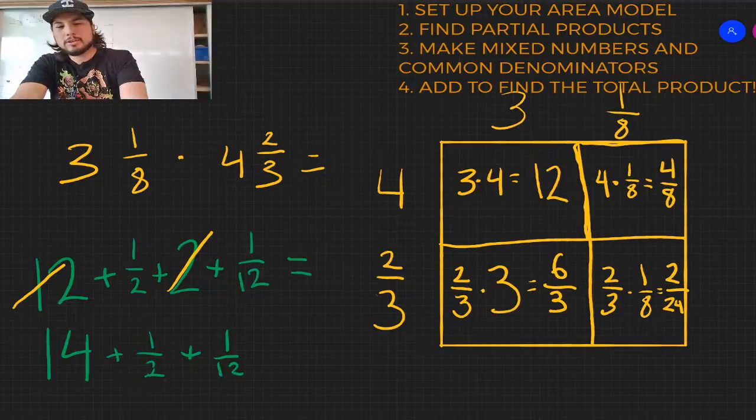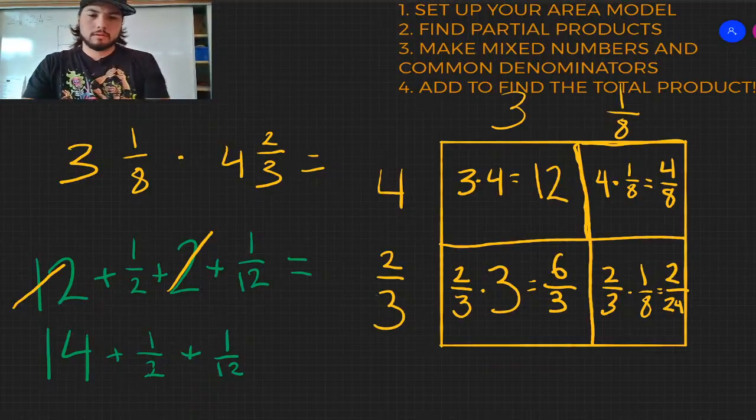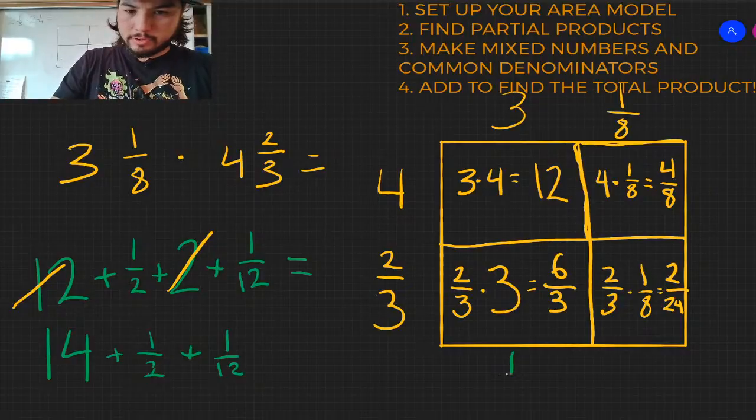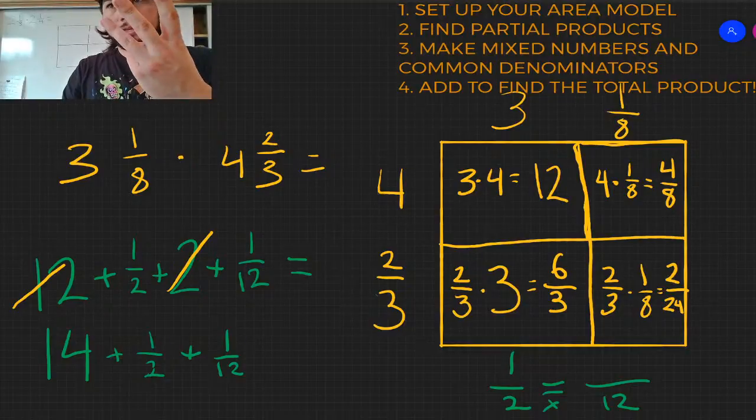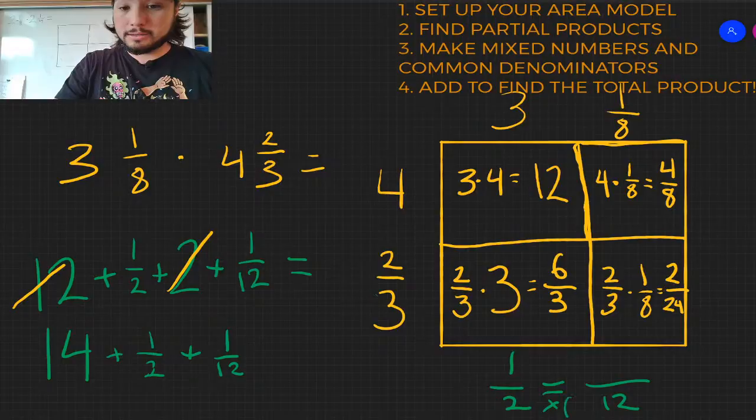And how many 12ths would 1/2 be? 1/2, I'll put it down here, times what is going to get us 12ths? 2 times what is 12? 2, 4, 6, 8, 10, 12. 2 times 6 is 12.